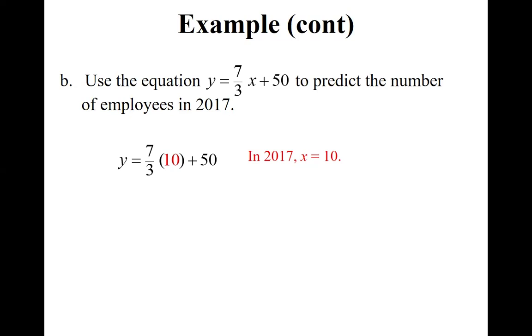We plug 10 in for X. We get 70 over 3 plus 50. That's about 73. We have to go to the calculator to get 70 divided by 3 plus 50, but we'll get about 73.